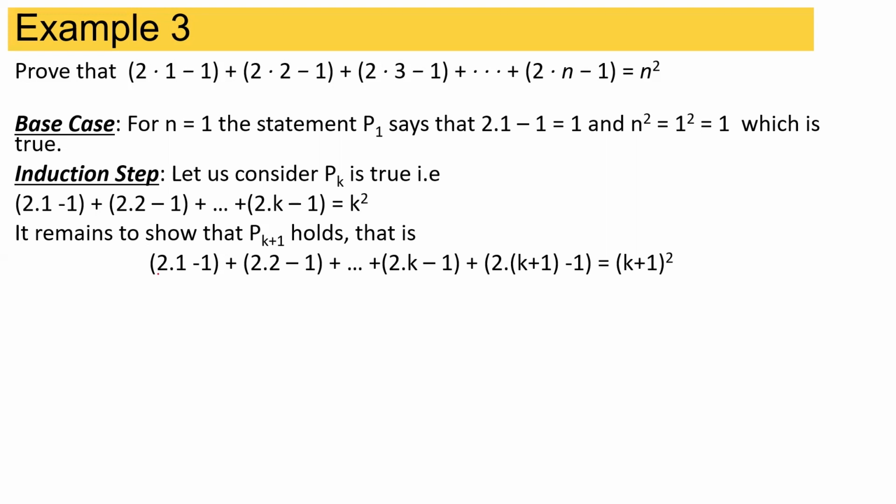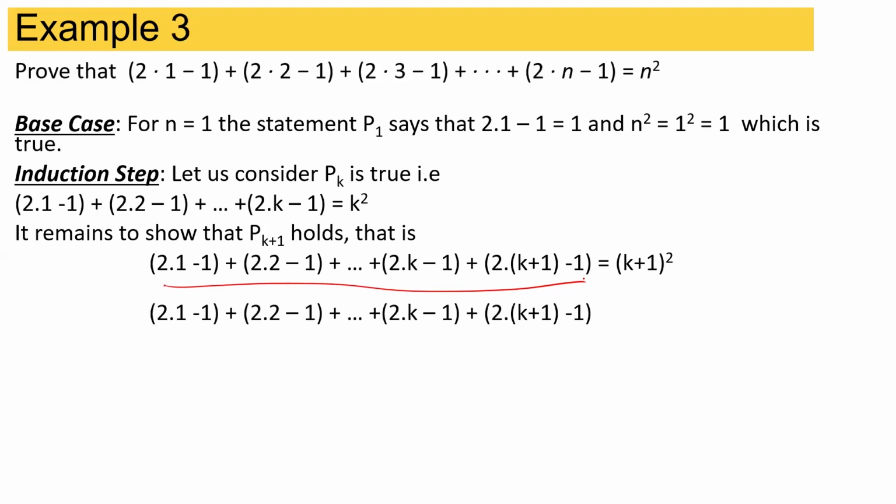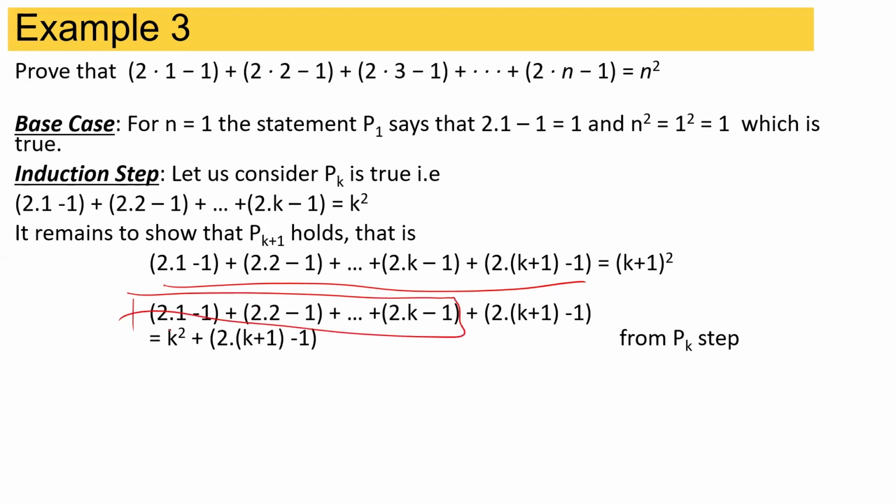So now let's consider the left-hand side. And here, from the hypothesis step, we can replace this entire sum up to k by k squared. That is from the Pk step.